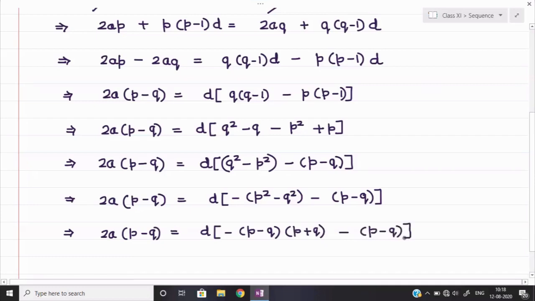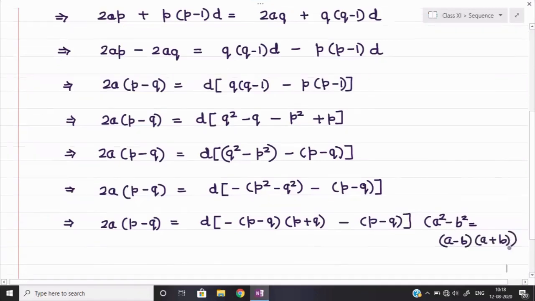Now you see, I can easily apply the formula, so I can take p minus q common. I have applied the formula a square minus b square is equal to a minus b into a plus b, right? Now let us take p minus q common.